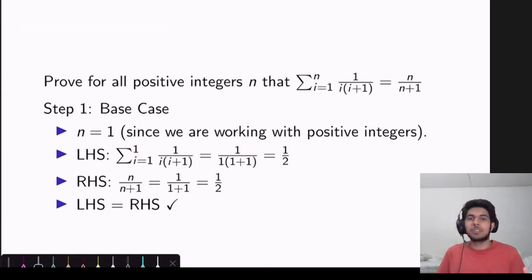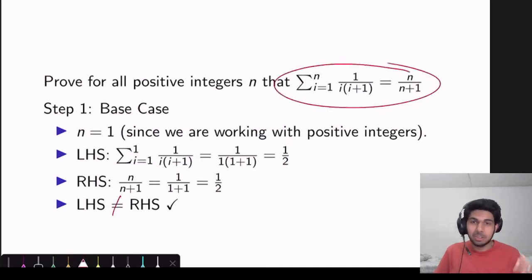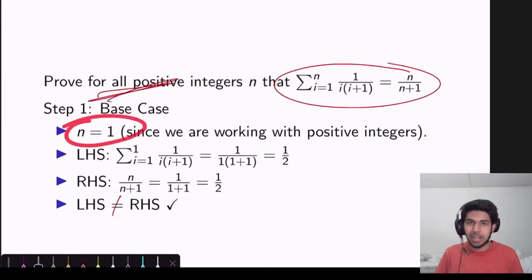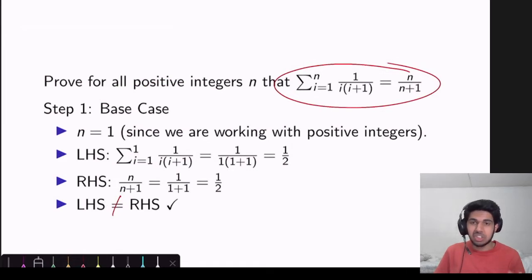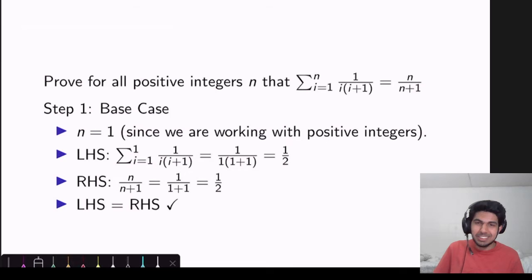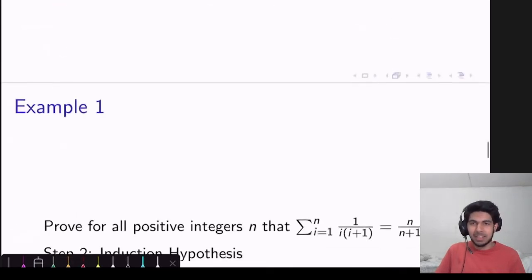The proof is over, and you can conclude that the claim is false, because we found a value, n equals 1, where the equality doesn't hold. So if it doesn't hold in the base case, you can just say it's not true. But if it is equal, then you have to keep going.